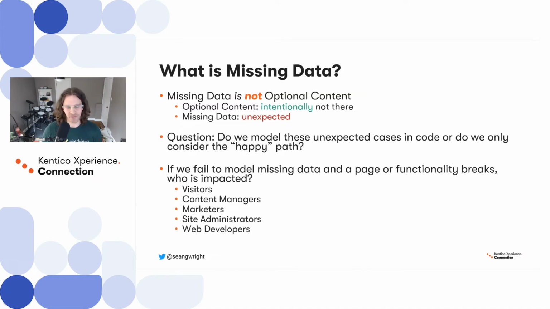Marketers, site administrators, web developers, really anyone using the site is going to be impacted if we fail to account for these situations. The web developer case should probably hit home to you if you are someone that is developing a site, because you're going to be called in to fix the regression, and it might be hard to identify what the problem is if we haven't handled this situation correctly or handled it in a helpful way.